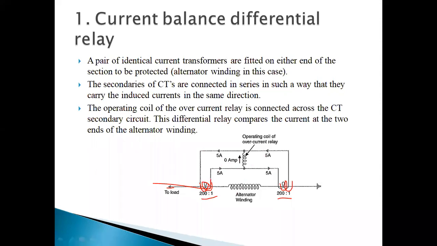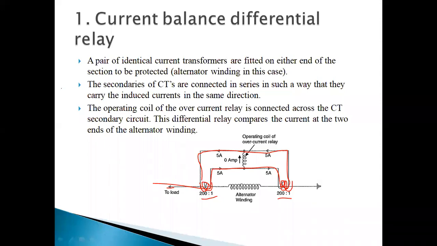Here you can see the current is flowing from 5 ampere through the secondary CT, through the second CT, and then in this way. The current transformers are connected in series, and their current is flowing in such a direction that the induced currents are in the same direction.